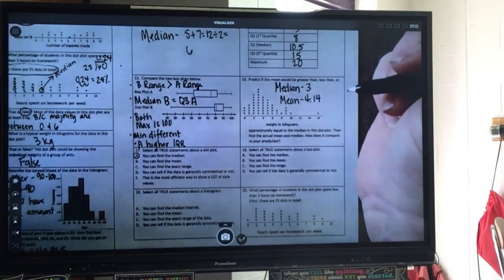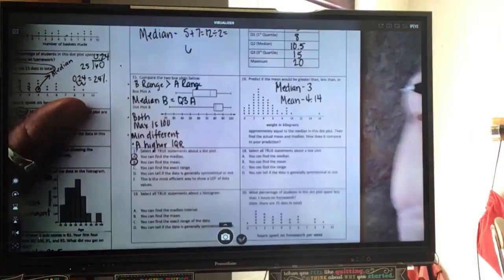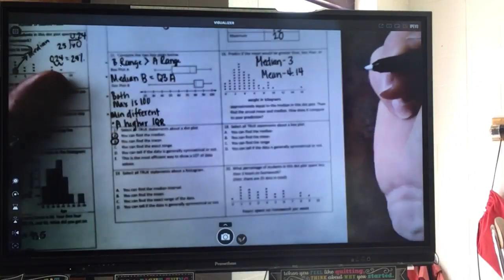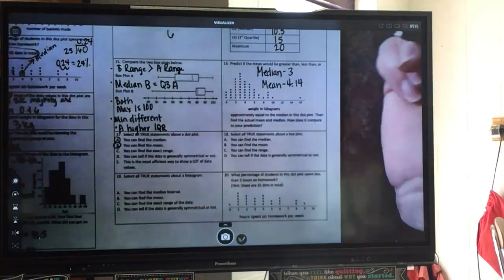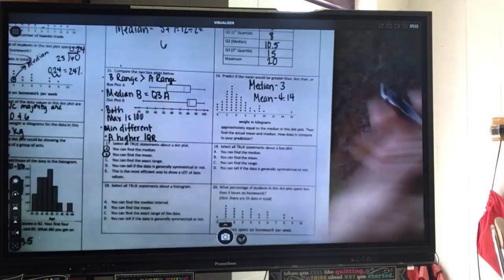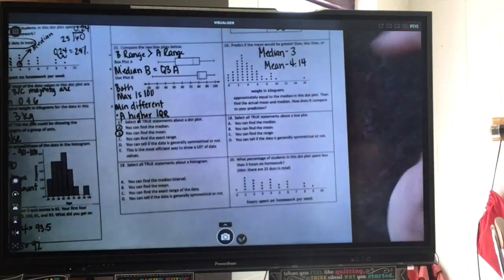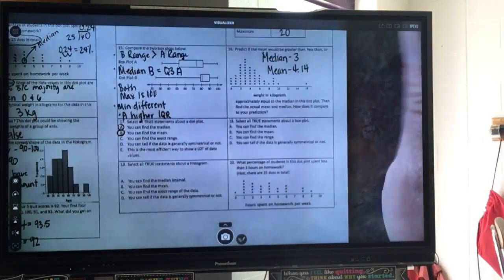Everybody stand up. So we did the median. You better get on those 2 little feet. You can find the mean. Have a seat.